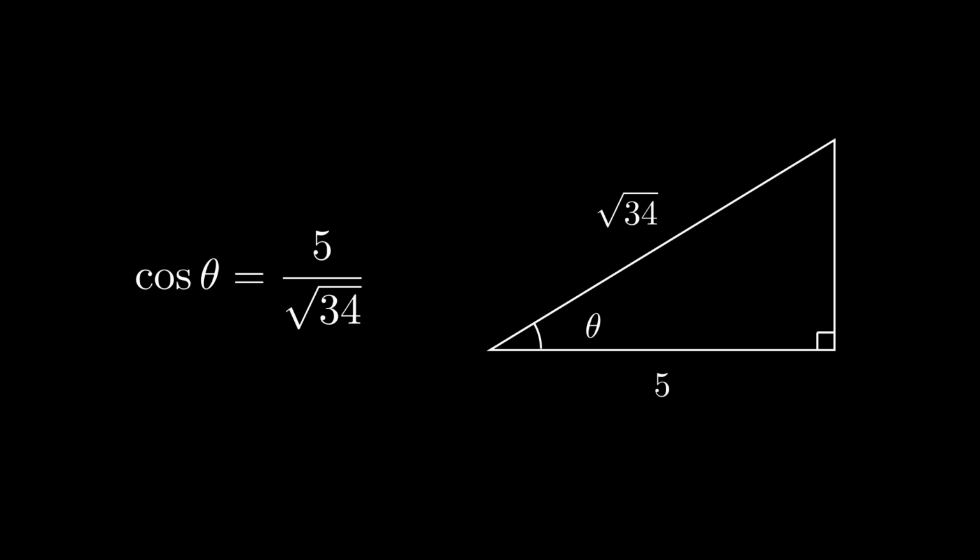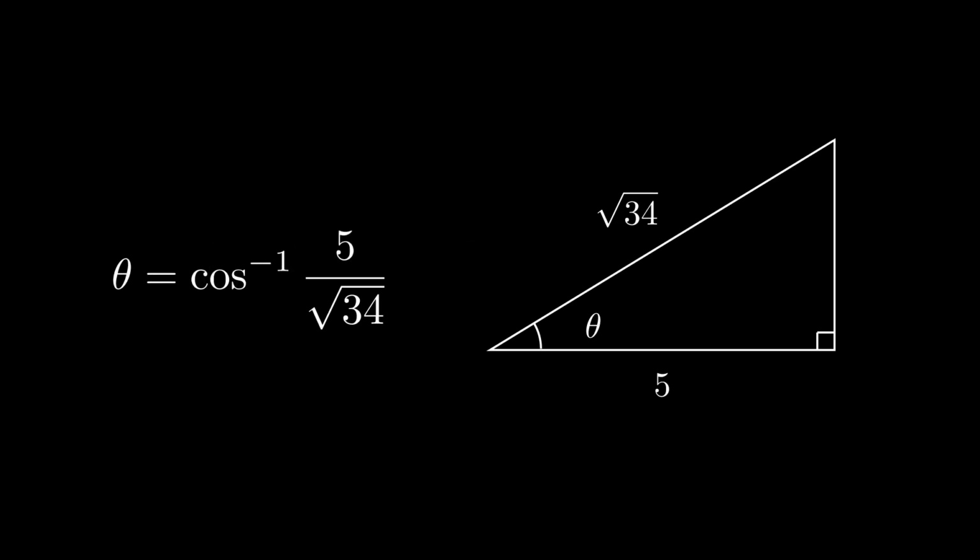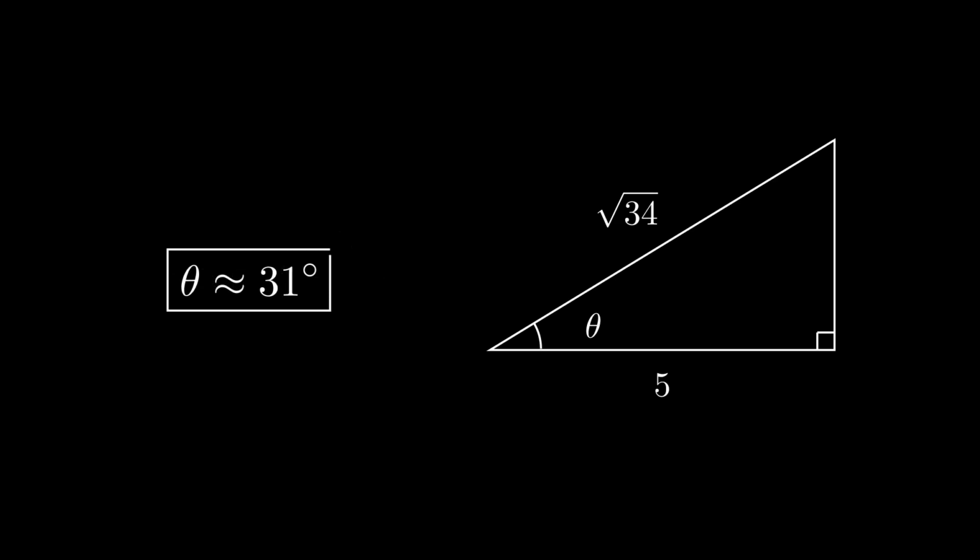Now we must isolate for theta here, somehow. We can do that by using the inverse cosine function. Applying inverse cosine to both sides of the equation, the inverse cosine and cosine cancel out, to leave theta, isolating for theta. Using a calculator to compute the right side, we get that theta is approximately 31 degrees.